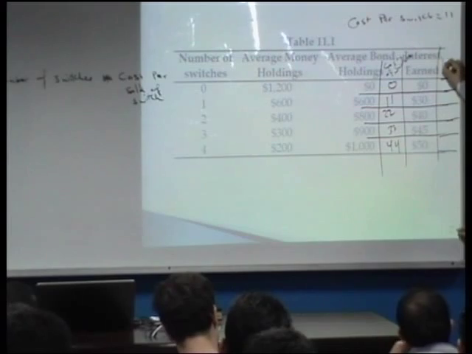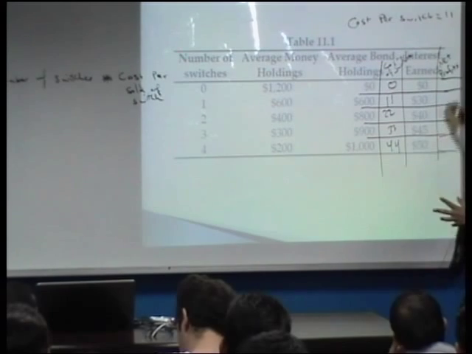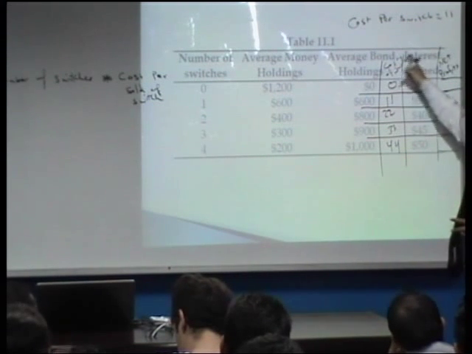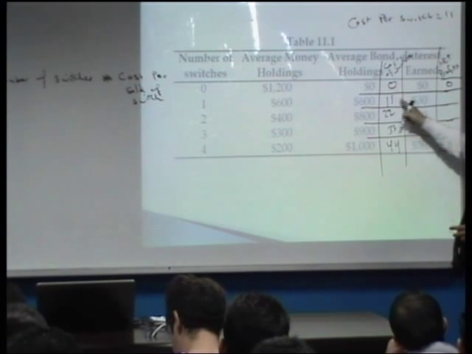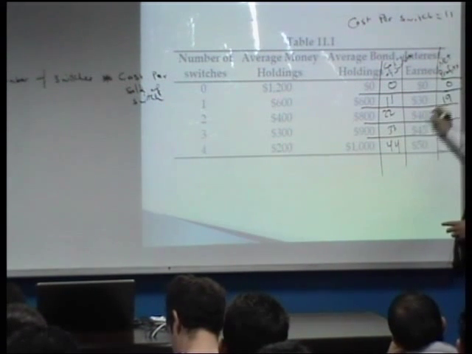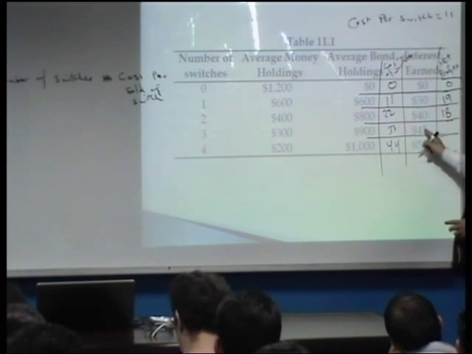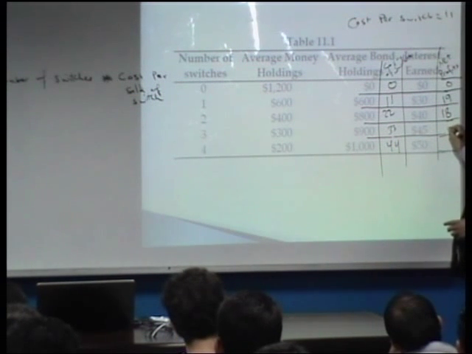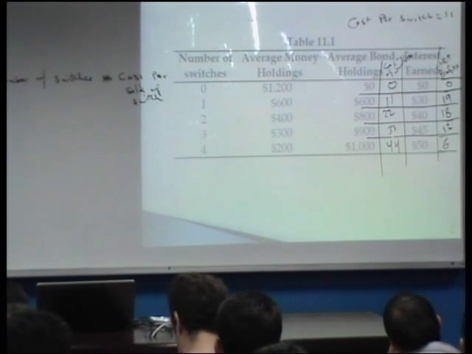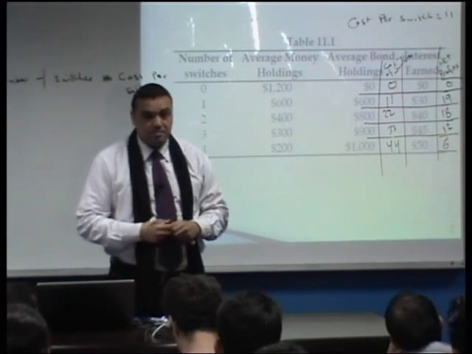So let's calculate the net profits: interest earned minus the cost of switches. 0 minus 0 is 0. 30 minus 11 is 19. 40 minus 22 is 18. 45 minus 33 is how much? 12. And 8, 6. Right? So where is the optimal balance? 19.